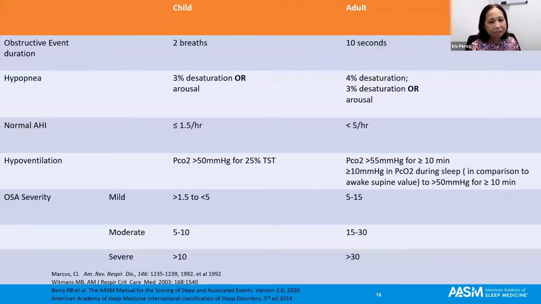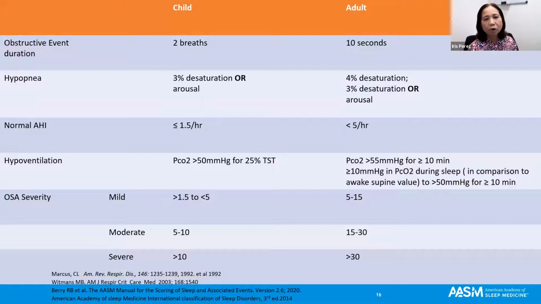So there are differences between the scoring and interpretation of obstructive sleep apnea in children compared to adults. So we do know that for obstructive event duration is 2 breaths in children, and the scoring of hypopneas is 30% decrease in flow associated with 3% desaturation or arousal.